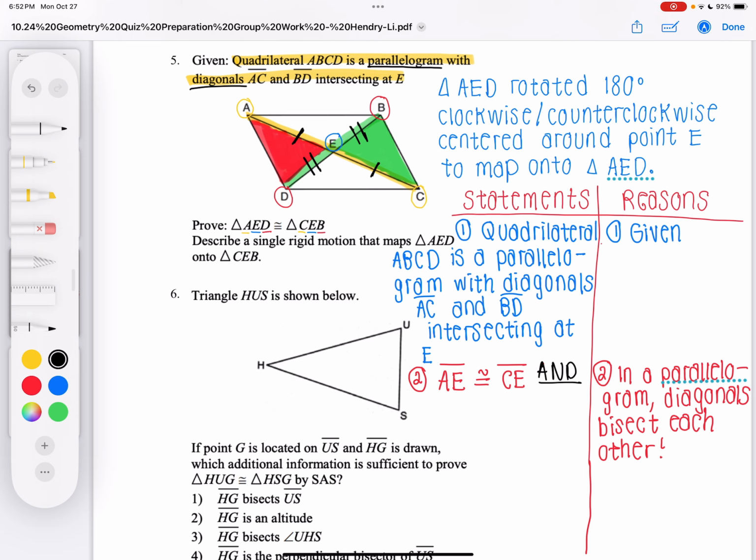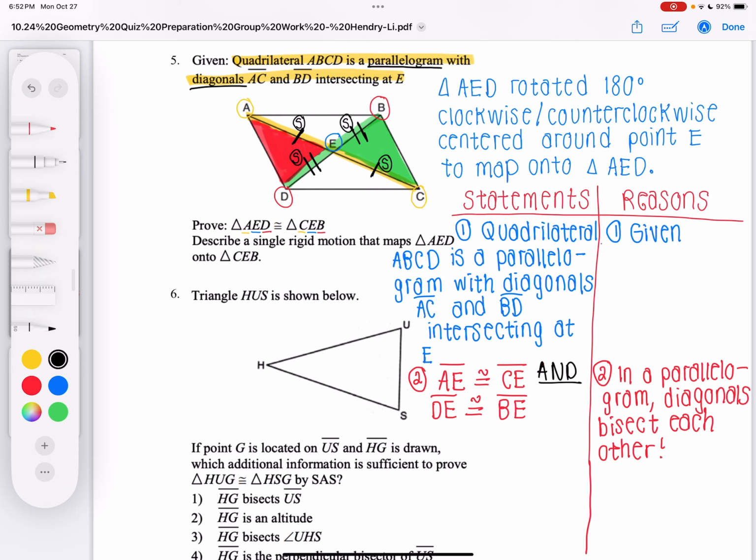So the second one is going to be that line segment DE is congruent to line segment BE or line segment EB. And we know that again because we looked at the properties of a parallelogram, and we remember something about the diagonals bisecting each other. And now we already have 2 sides, S and S, for both triangles.